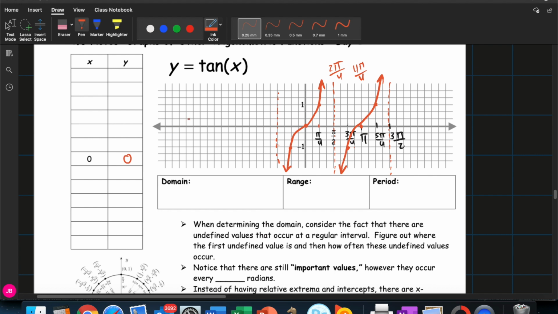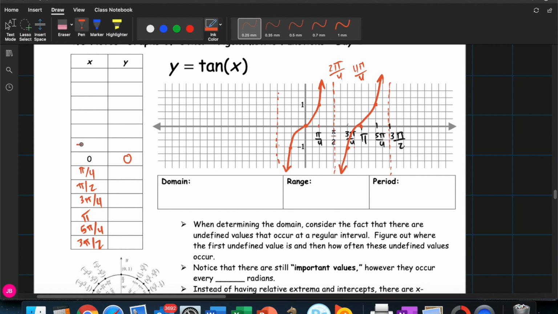So the first thing that I want to talk to you about is those important points. These are the points that you would ideally end up graphing. So pi over 4 would be the first one. Pi over 2 would be the second one. 3 pi over 4 would be the next one. And then pi. And then 5 pi over 4. And then 3 pi over 2.